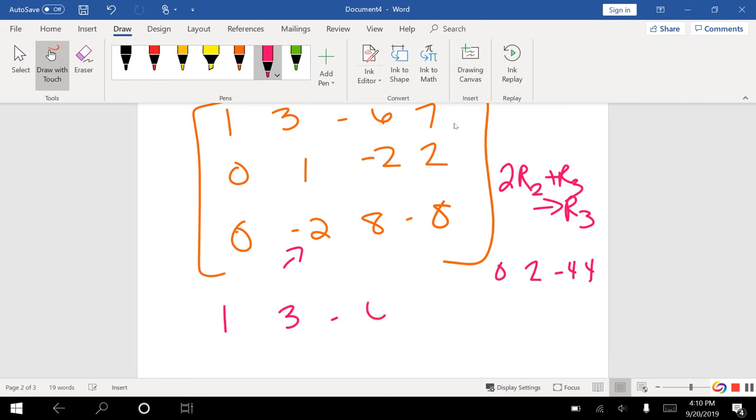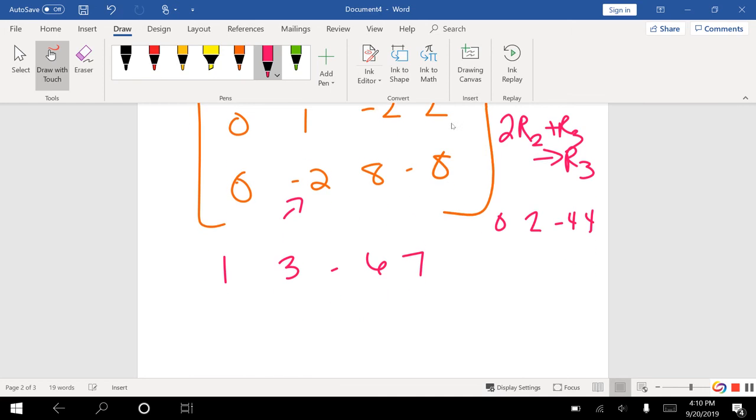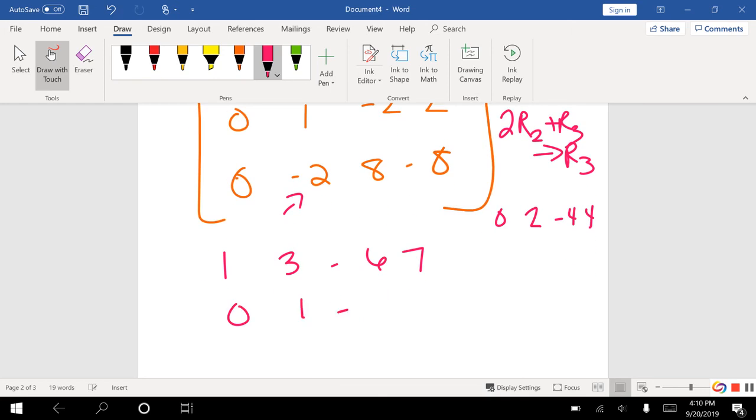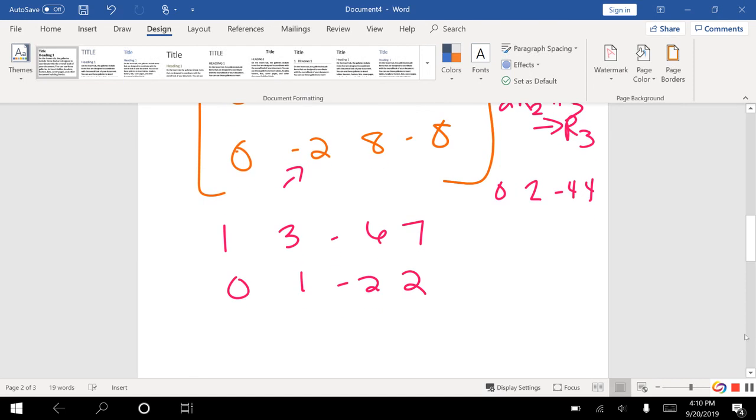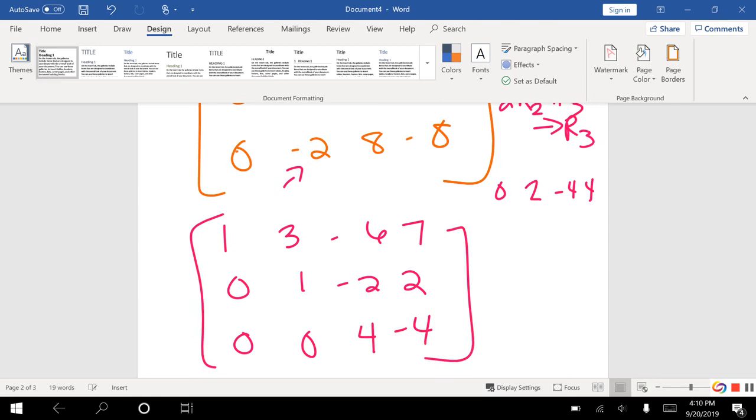So then I'm going to get 1, 3, negative 6, 7. Row 1 comes down as is. And then I get here, let's see, 0, 0, 4, negative 4. I feel like I've made some progress here.